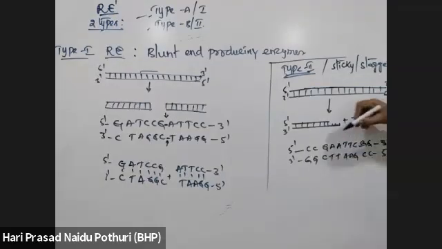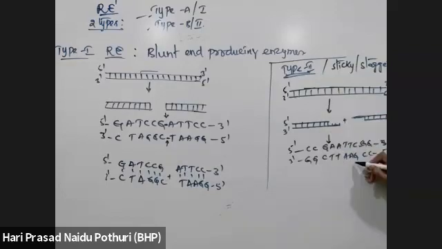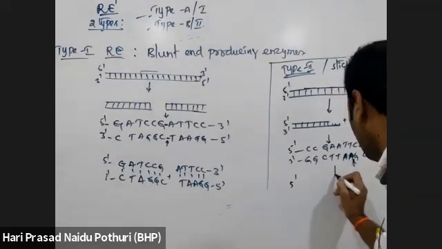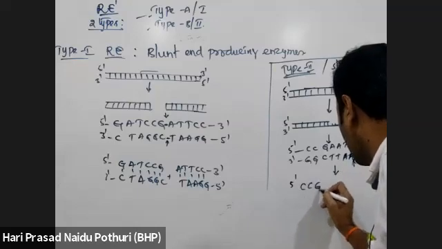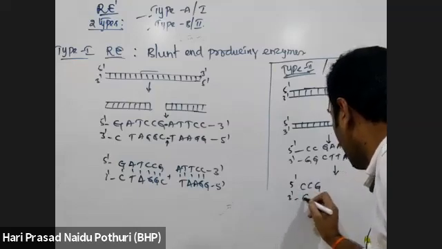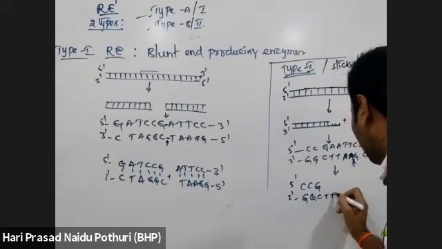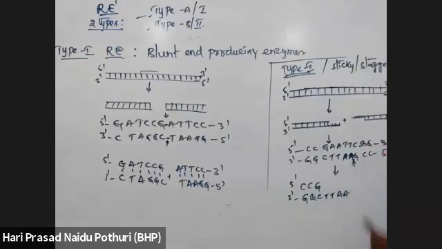Within that, between guanine and adenine, phosphodiester bonds are broken. As phosphodiester bonds break between guanine and adenine, now CCG is one fragment, GG, CTTAA, because G and A are cut here. So this fragment one is possible. Another one, AATTCGG, CCG.